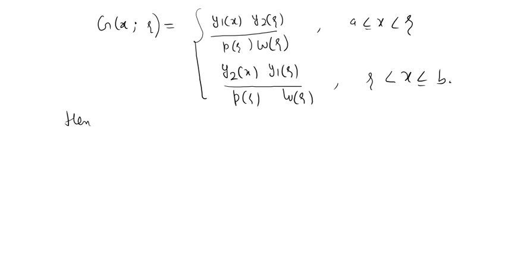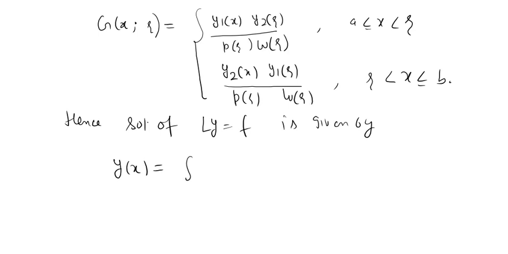So finally, the solution of the non-homogeneous one, Ly equal to f, is given by y(x) equal to, and I am writing it in compact form, the solution we have written earlier: the integral from a to b of g(x, xi) f(xi) d xi.